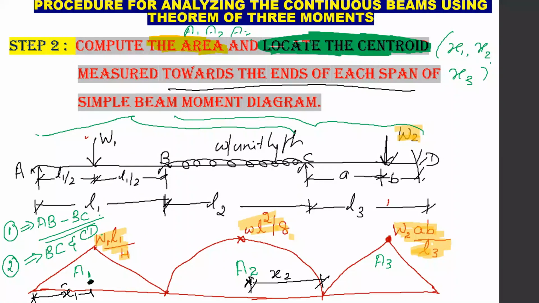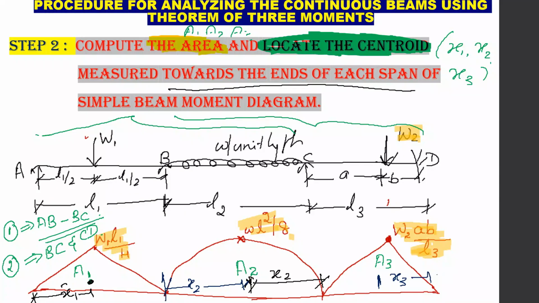Now, when you are taking the spans BC and CD, that is the second condition, our X2 will be calculated from this end, and our X3 will come from here.